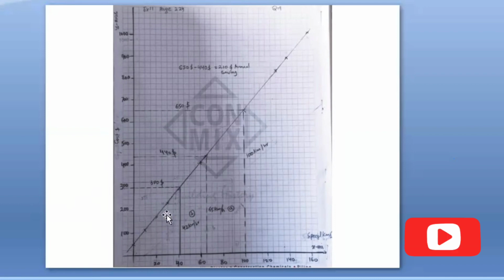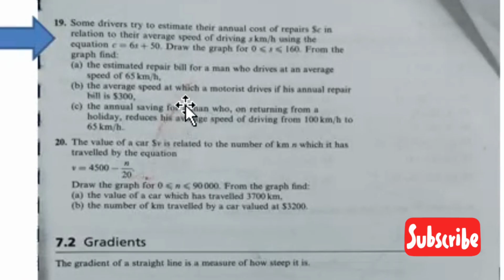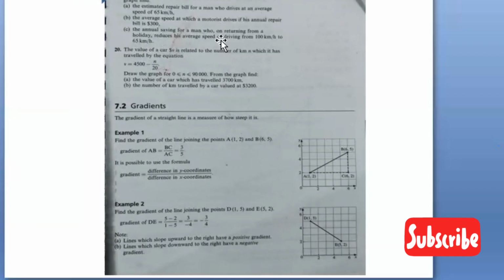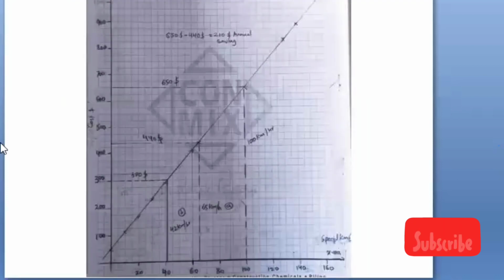Now it's time to do the solution. Part A is the estimated repair bill for a man who drives at an average speed of 65 km per hour. When he drives at a speed of 65 km per hour, what will be the bill, the cost?